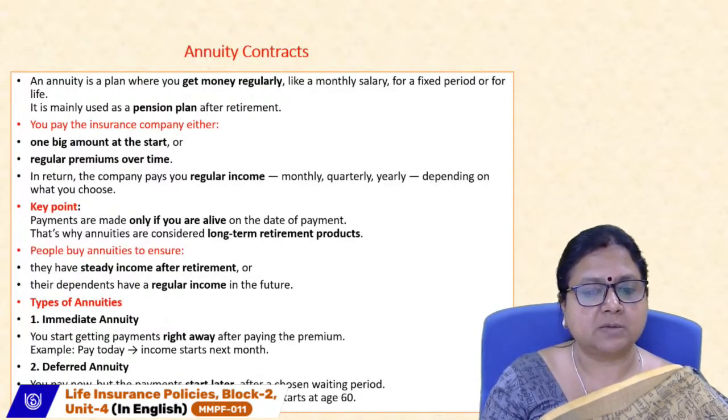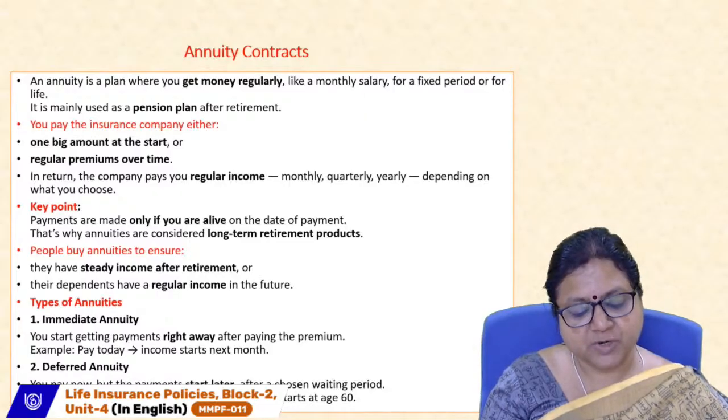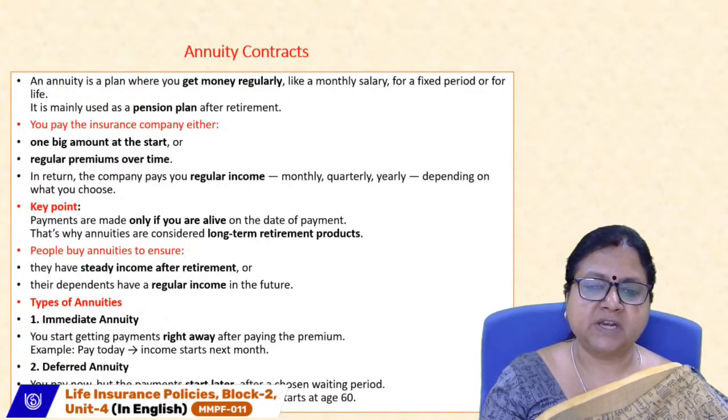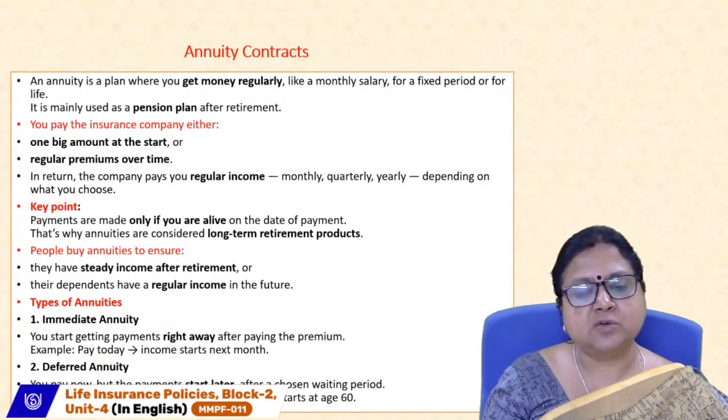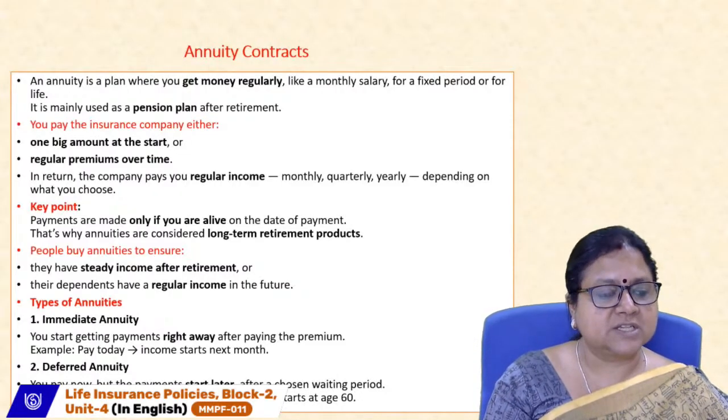That is an immediate annuity. But deferred annuity, as we said, is where you go on paying your premiums till a particular period or age, that is 60. Beyond that, you start getting your annuities or income at different time intervals. That is known as a deferred annuity.